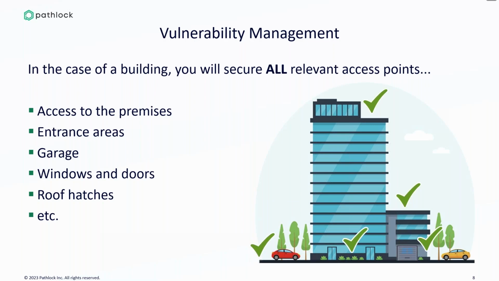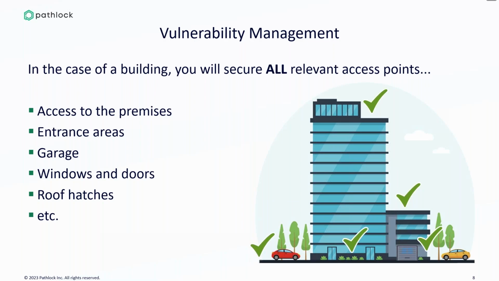But if someone leaves a window open, for example, you might not detect it. So what you are doing for vulnerability management, first, you have a state you want to achieve, your target state, for example, all windows closed and so on. And the second thing is that you cyclically have, for example, a security guard going around and checking everything.